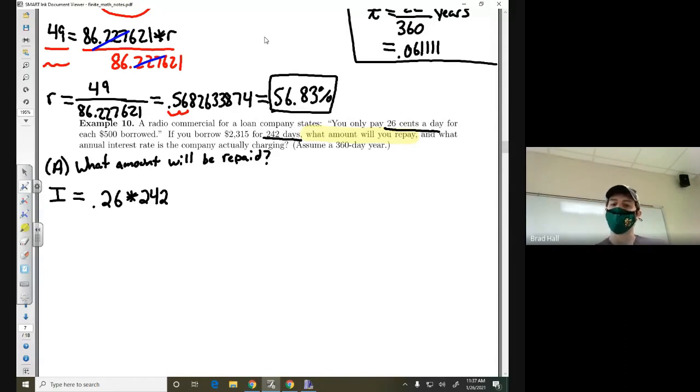We're going to tack on more to it because it says we do this each time you borrow $500. Now let me ask you an interesting question. If I borrowed $1,000, how many times am I borrowing $500? Twice. About $2,000. Well, I already kind of gave it away. 4 times.